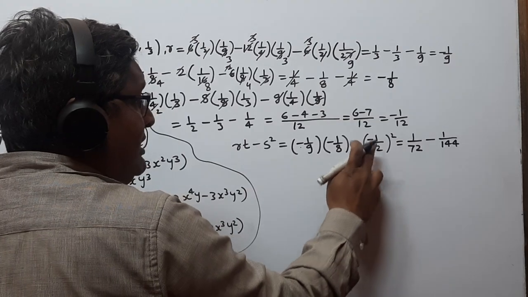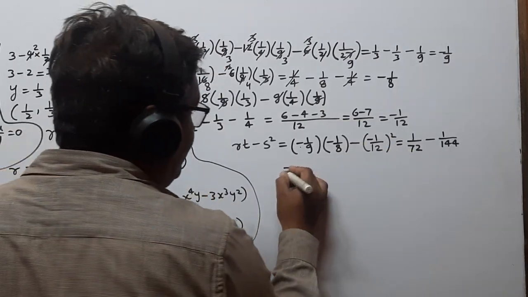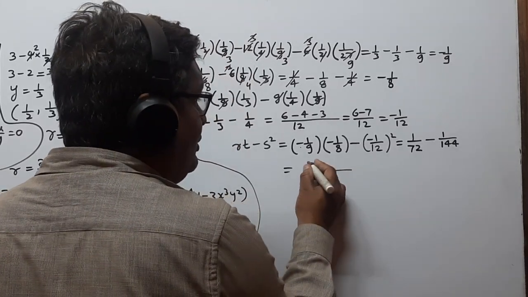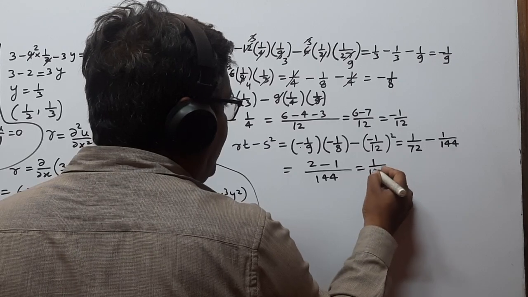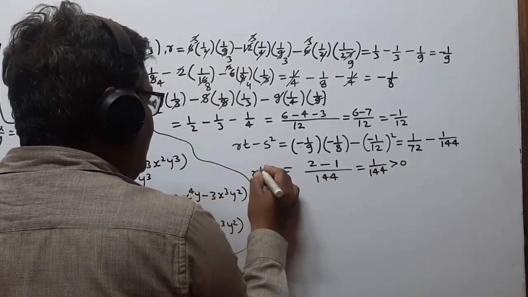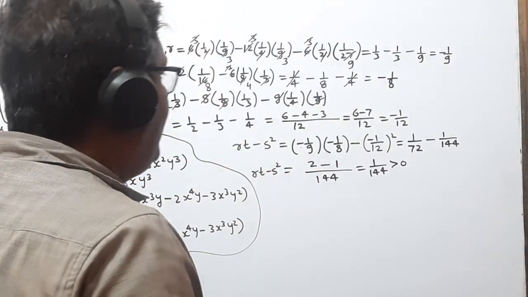Minus square is plus, 1 square is 1 and 12 square is 144. So taking LCM 144 we get 2 minus 1, so this becomes 1 upon 4. This is greater than 0. You can see here rt minus s square is greater than 0.